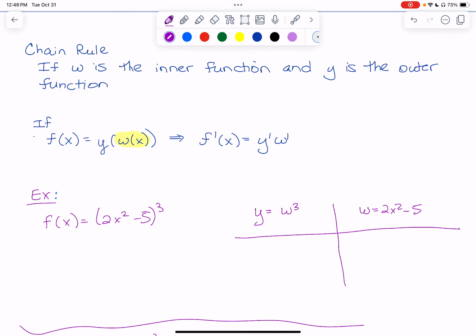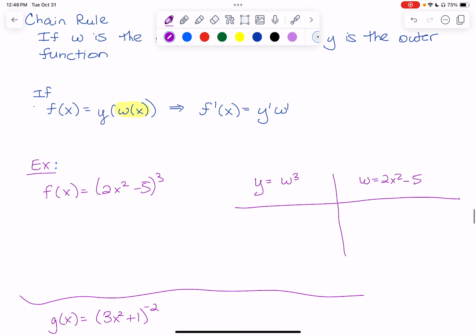I'm going to find my derivative of y first. So my derivative of y is going to be equal to 3w squared. Well, that's great, and it's really easy, but I really don't want my answer in terms of w. I want it in terms of x's, because my original function over here is f of x.